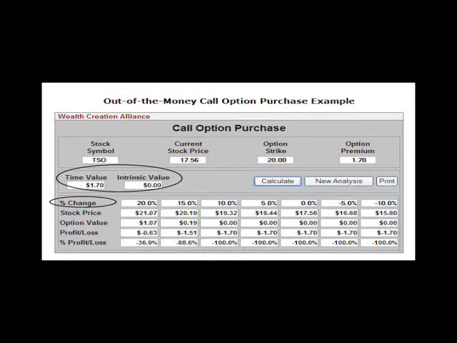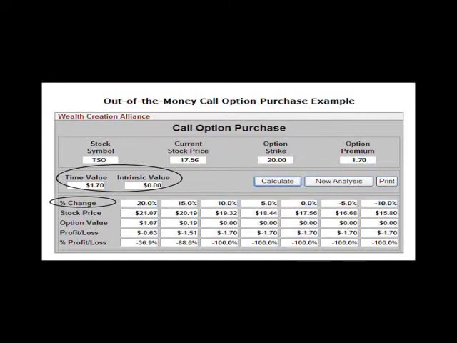The calculator will calculate the time value and intrinsic value for the option. In this example, the time value for the Tesoro 20 strike call is 1.70 points, and the intrinsic value is 0, as out-of-the-money calls consist of only time value. The call option purchase analysis displays the profit potential for this call option purchase, assuming various price changes for Tesoro stock at option expiration.